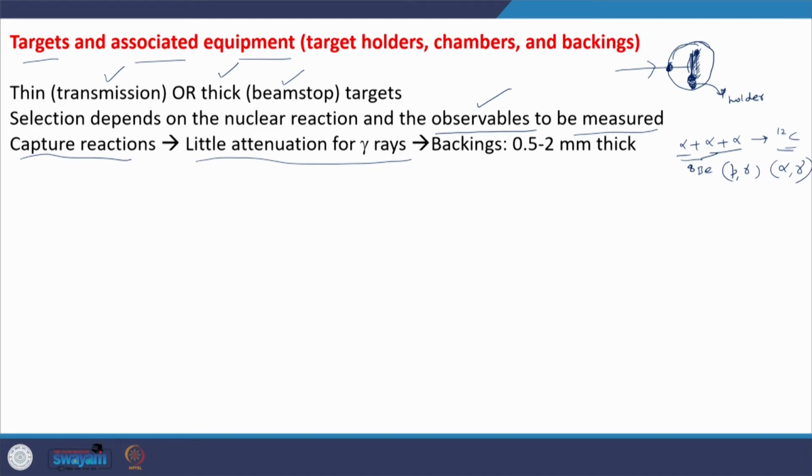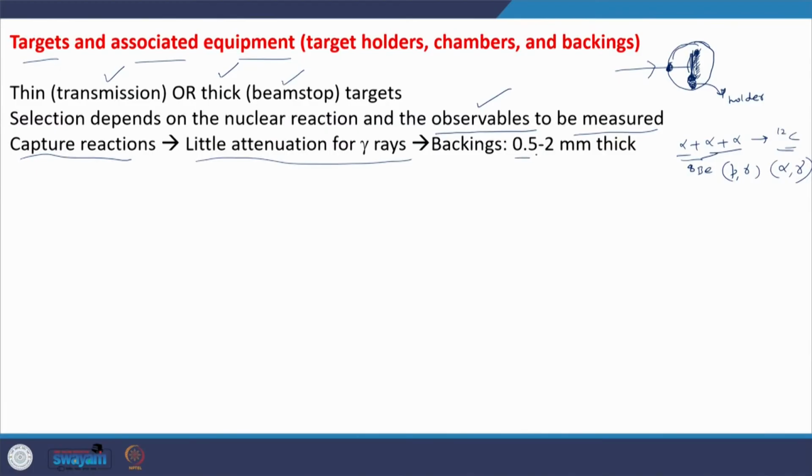Normally the backing materials are chosen such that the thickness is between 0.5 and 2 millimeters. Why only this thickness? Why not beyond this?